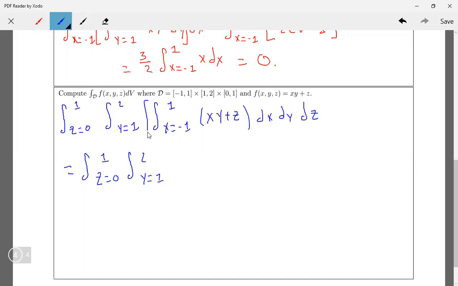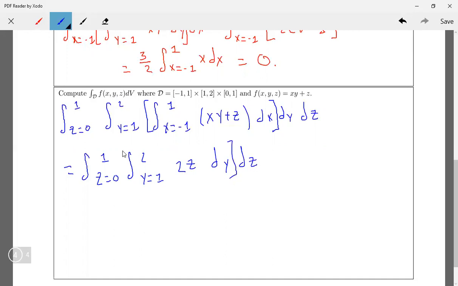Okay, now again, we're just going to look at this inner integral. As far as x is concerned, y is a constant. So the integral of x times y from -1 to 1 is equal to 0. So this part of the integral is equal to 0, and we're just left with the z part. Again, as far as x is concerned, z is a constant. And so this is 2z dy dz.